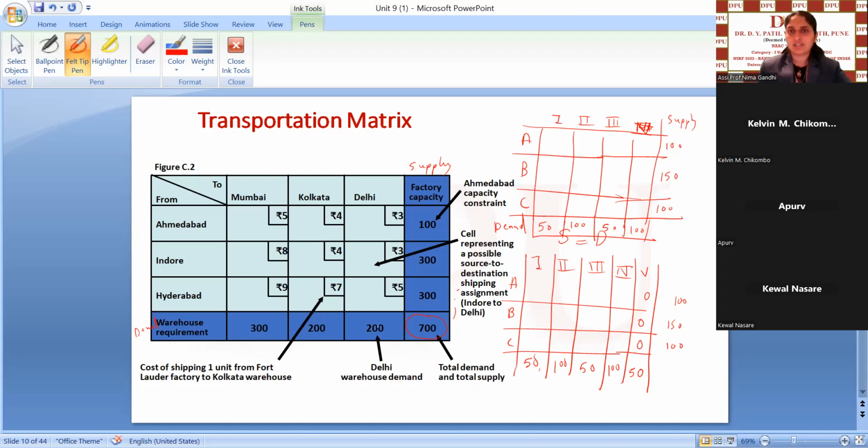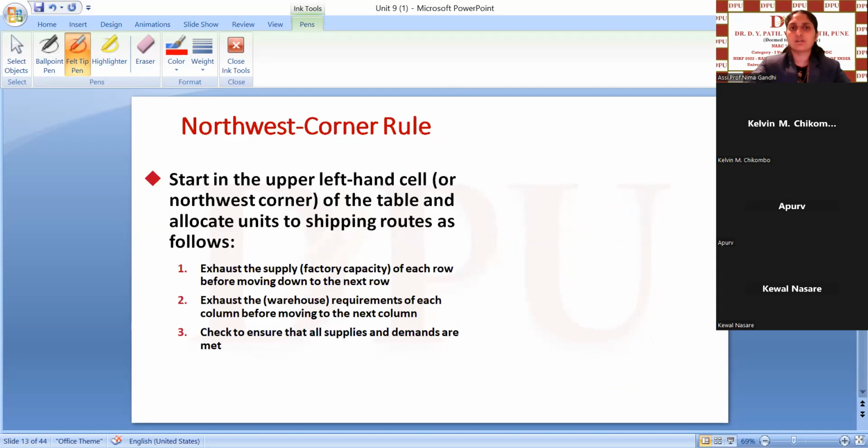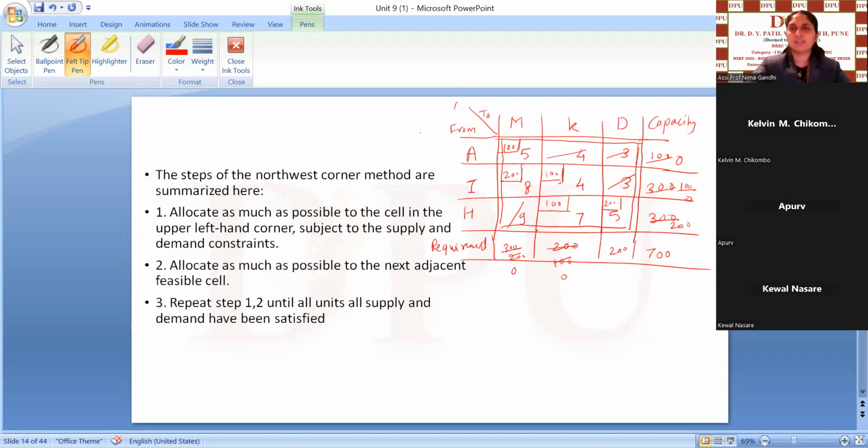Here we have allocated the dummy column so that the total is 350. This is where we do the allocation in the northwest corner rule or northwest corner method.